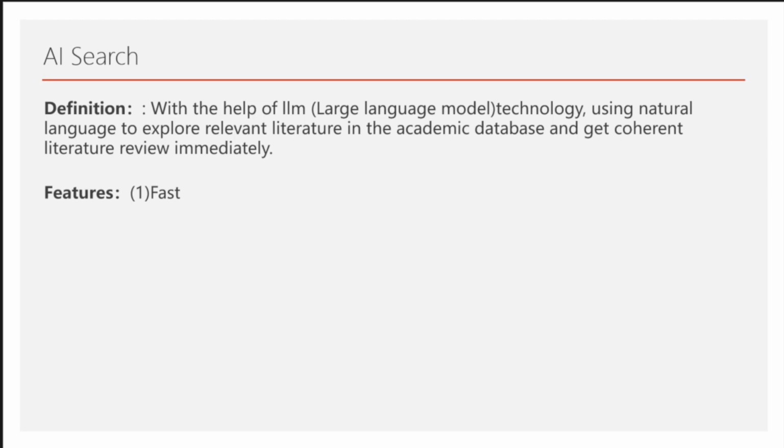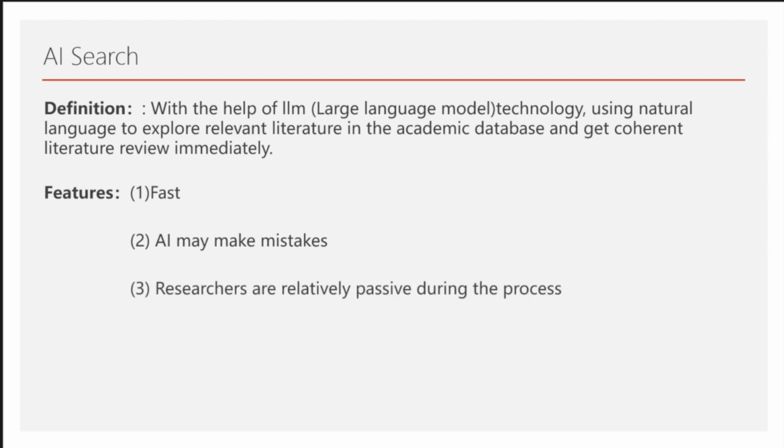And AI models also respond fast. But even with fine-tuning for academic search, AI search tools can still make mistakes. And during the searching process, it's mainly AI that makes the decision for relevance, which is affected by the internal biases of models. Researchers are relatively passive in this process.